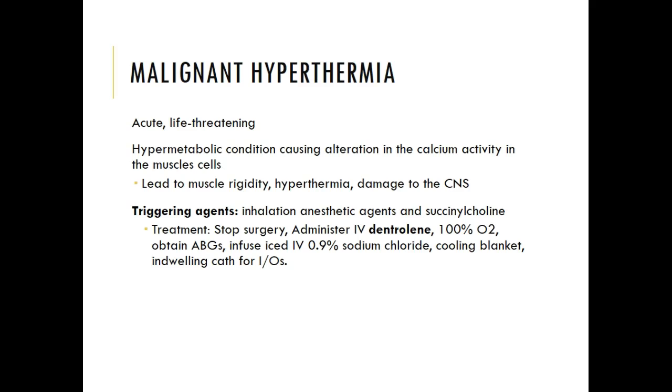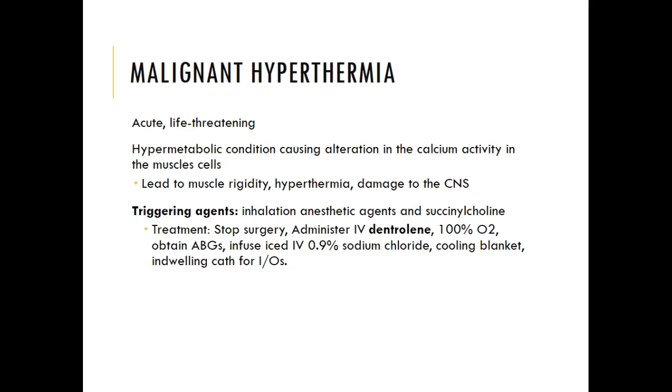Administer the IV dantrolene, provide the patient with 100% O2, obtain ABGs, which is arterial blood gases, start infusing iced IV normal saline, start putting cooling blankets on the patient, and if a catheter is not in, a catheter needs to go in to monitor a patient's I's and O's.